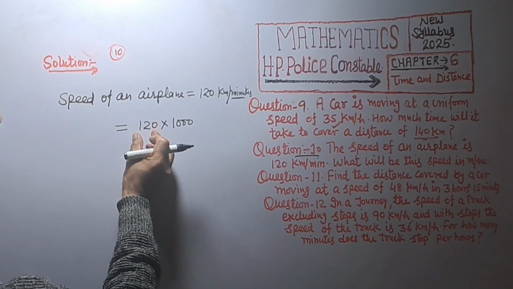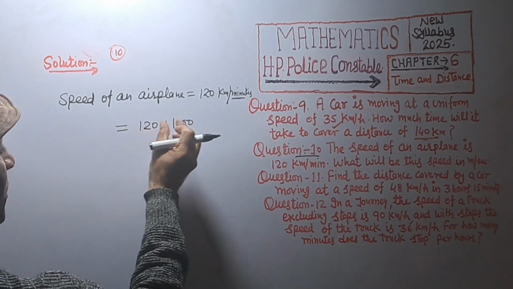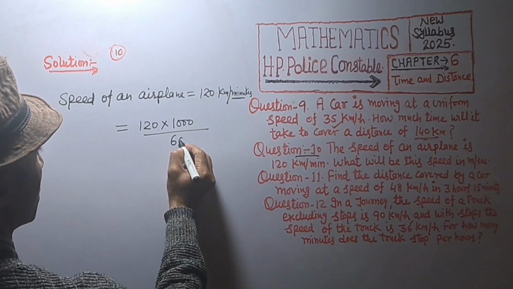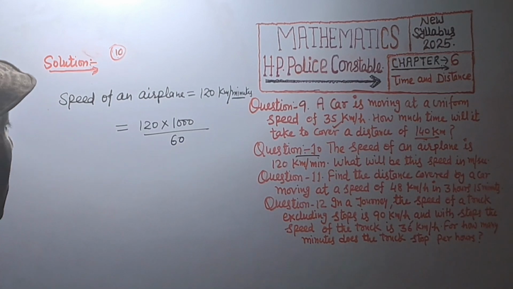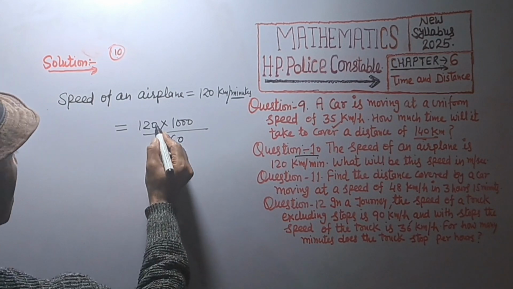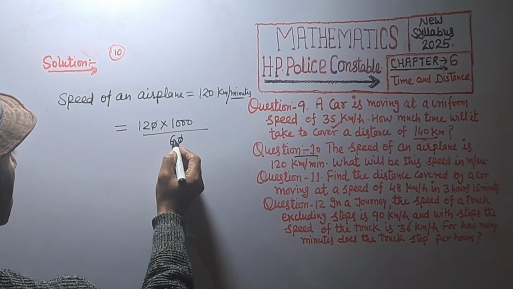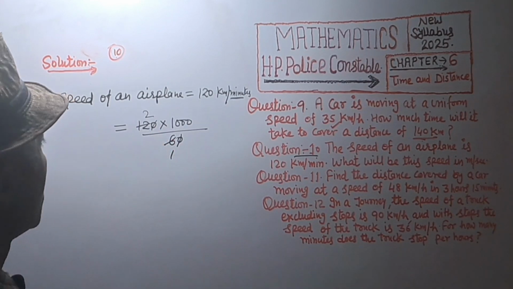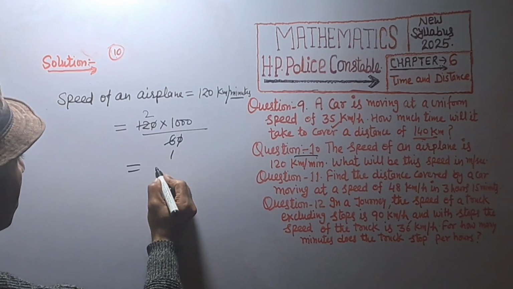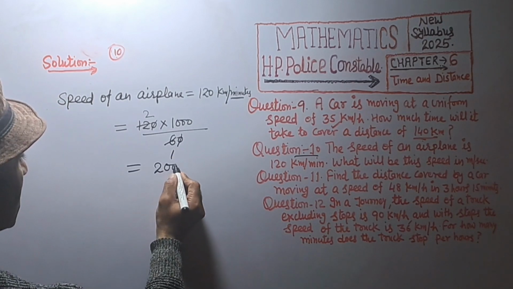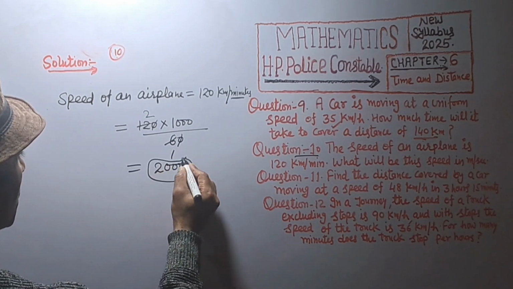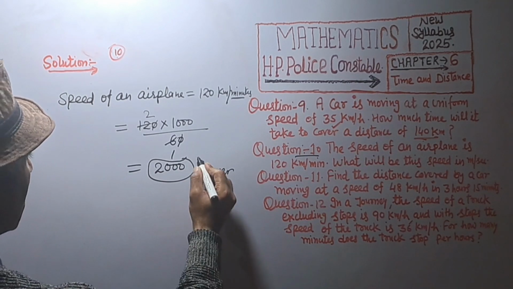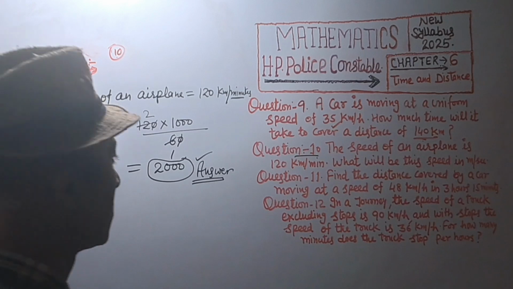So 120 kilometer equal to 120 multiplied by 1000, and per minute that is equal to 60 divided by 60. 0 0 is cancelled and 6 ones are 6, 6 twos are 12. So 2 multiplied by 1000 that is equal to 2000. Answer.